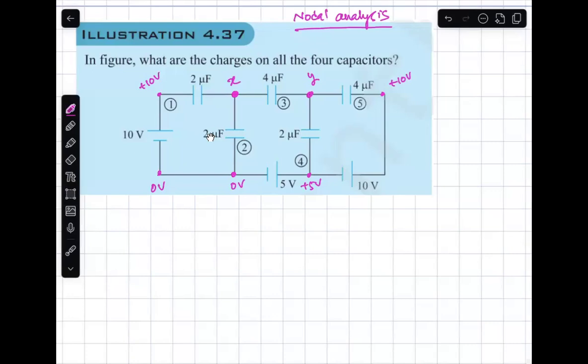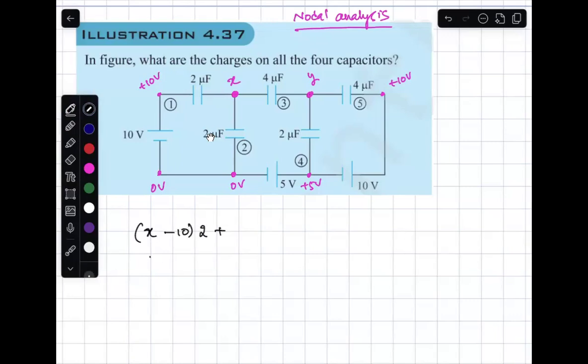Now for X as a node, X minus 10 times 2 plus X minus 0 times 2 plus X, always X first, 0. Okay.